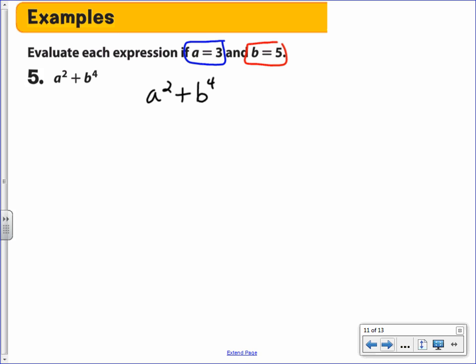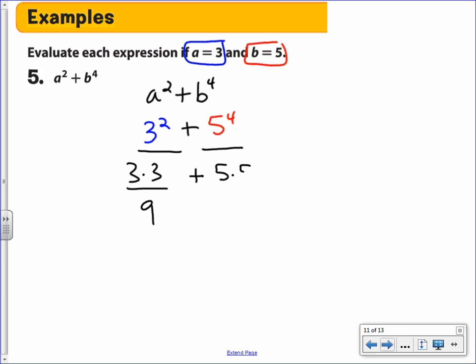A is 3, so I go 3 squared plus B to the fourth, B is 5, so 5 to the fourth. 3 squared is 3 times 3, which is 9, plus 5 to the fourth is 5 times 5 times 5 times 5. 5 times 5 is 25, 5 times 5 is 25, and 25 times 25 is 625.